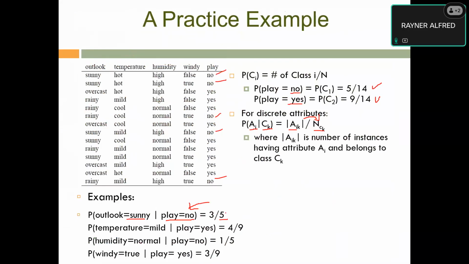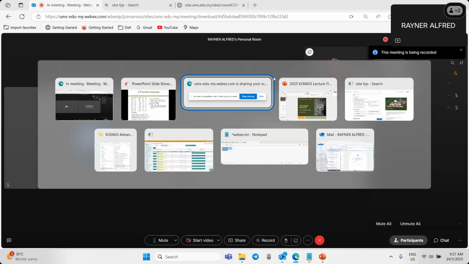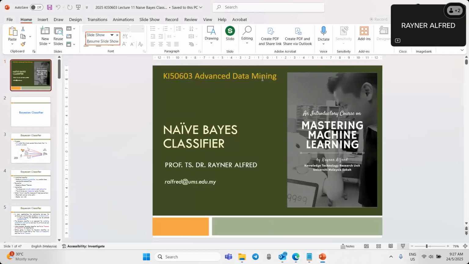So out of 5, how many of them have outlook equal to sunny? So 1, 2, this one no, 3, this one no.